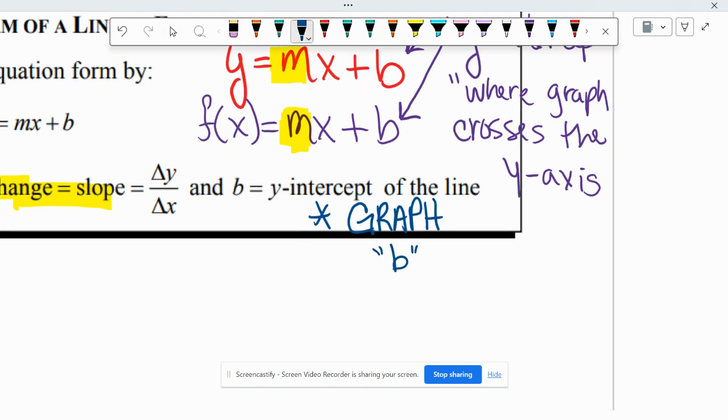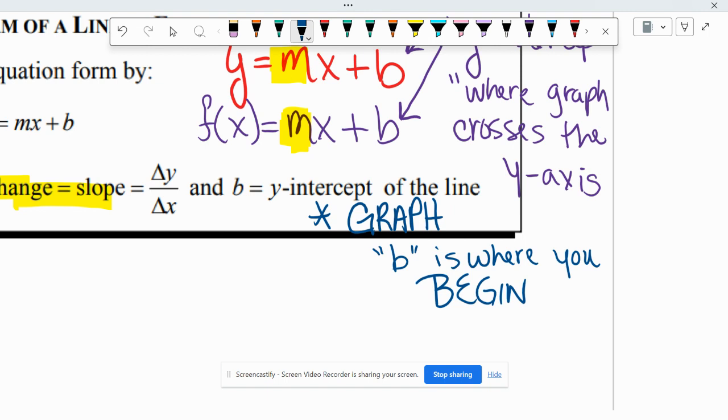B is where you begin. And that's it on that page. It's just kind of setting up the formula.